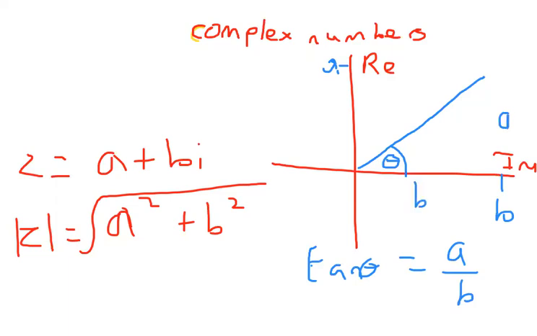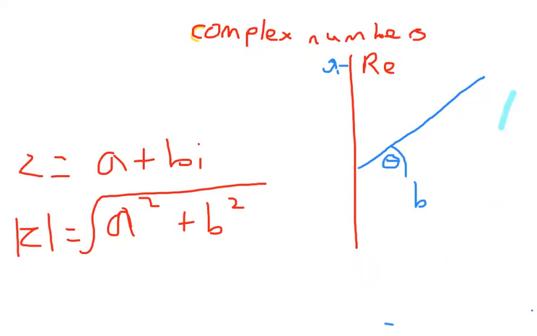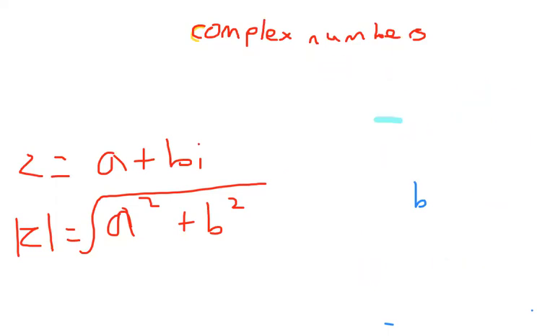So theta is the argument. The angle theta for a plus bi is the argument, and the modulus is a squared plus b squared, rooted, like Pythagoras' theorem. So Pythagoras is one way and trigonometry is the other way.